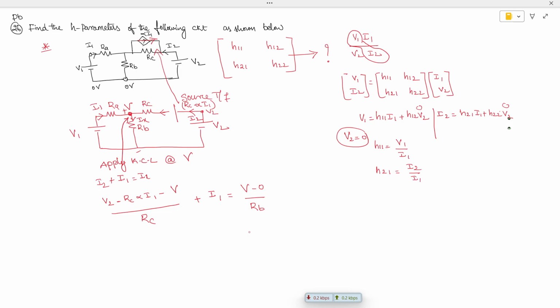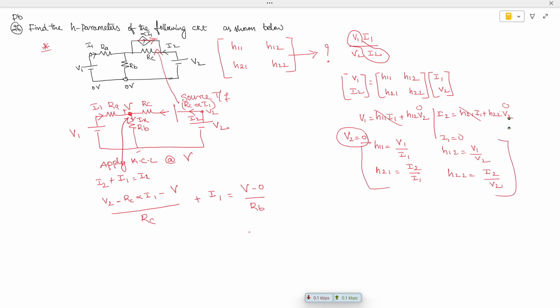Next we are going to make I1 equal to 0. When you make I1 equal to 0, then you are going to get H12 equal to V1 by V2, and H22 we are going to get as I2 by V2. So these are the four we need to find out.